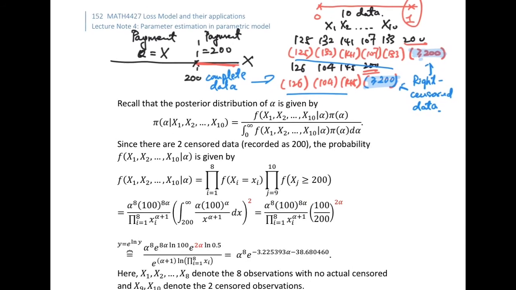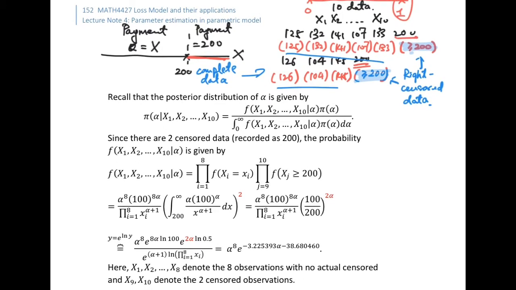Again, I would say the derivation is just similar to the case for the complete data, except that the given event will be replaced by what you observe.